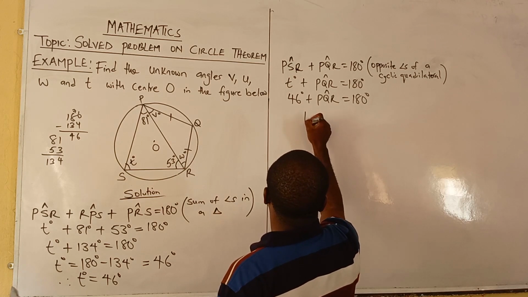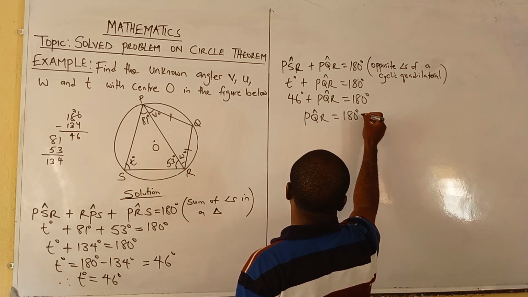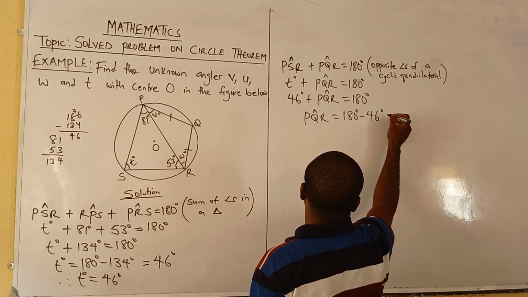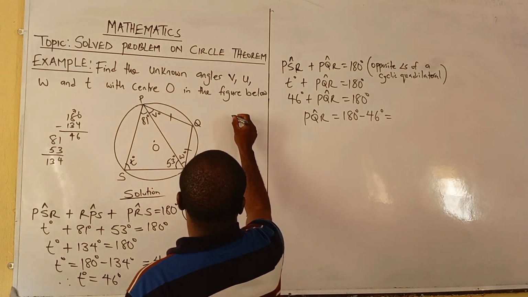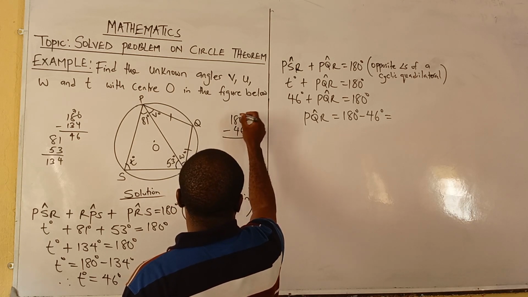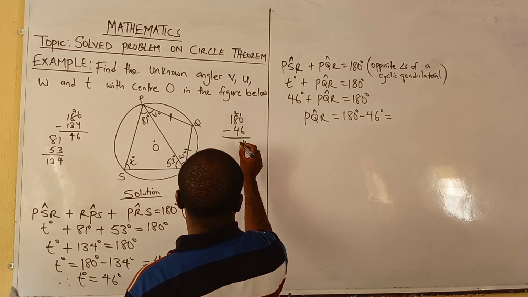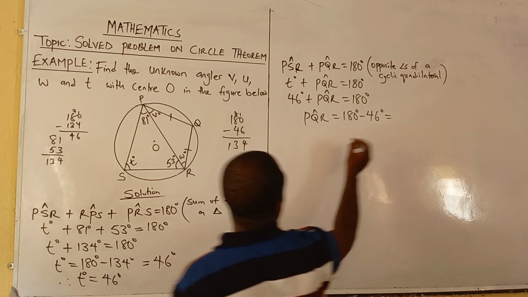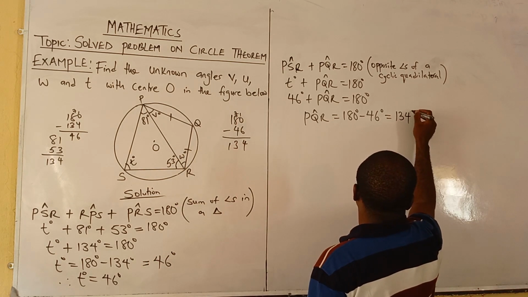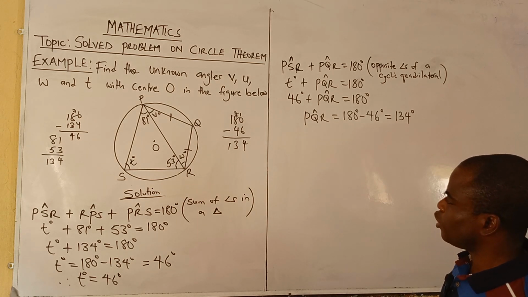Collect the like terms. Angle PQR equals 180 degrees minus 46 degrees. 180 minus 46: borrow 1, that's 10, 10 minus 6 is 4, and 7 minus 4 is 3. That's 134 degrees. Okay, angle PQR is 134 degrees.